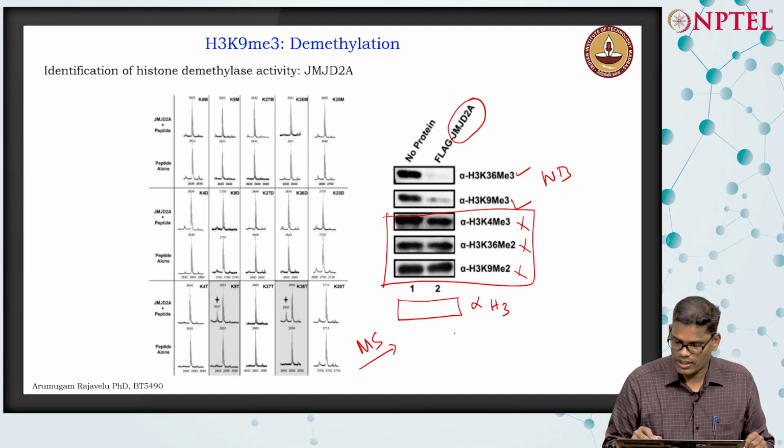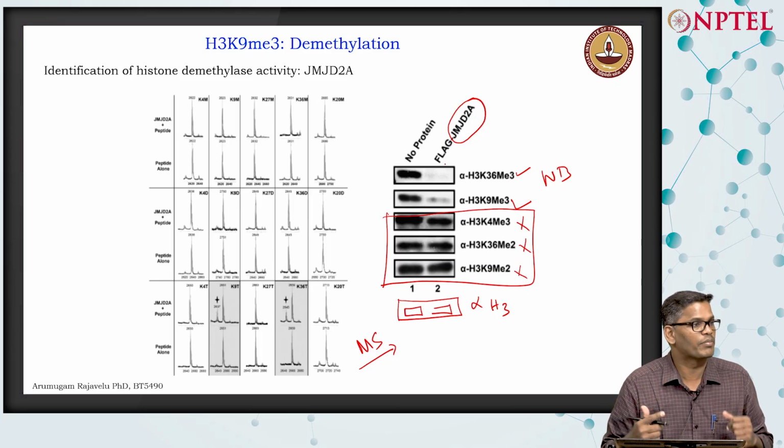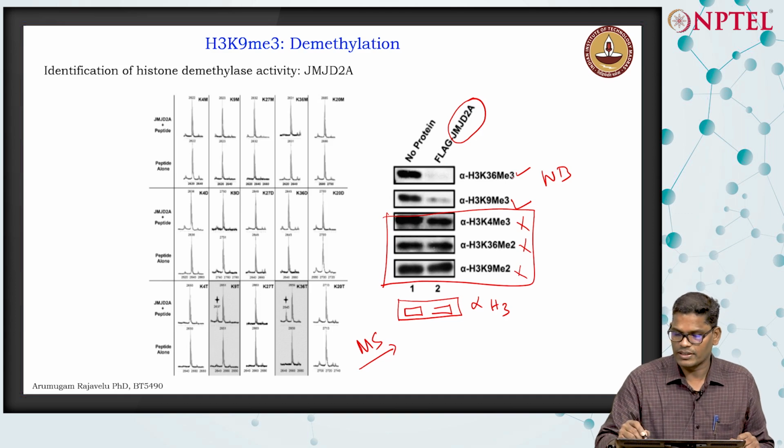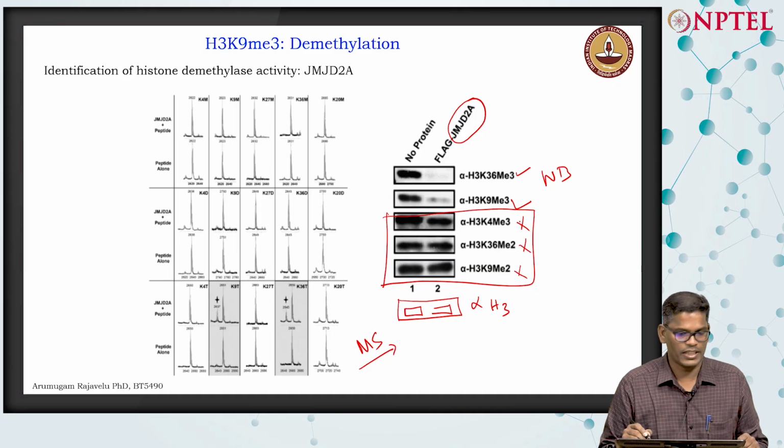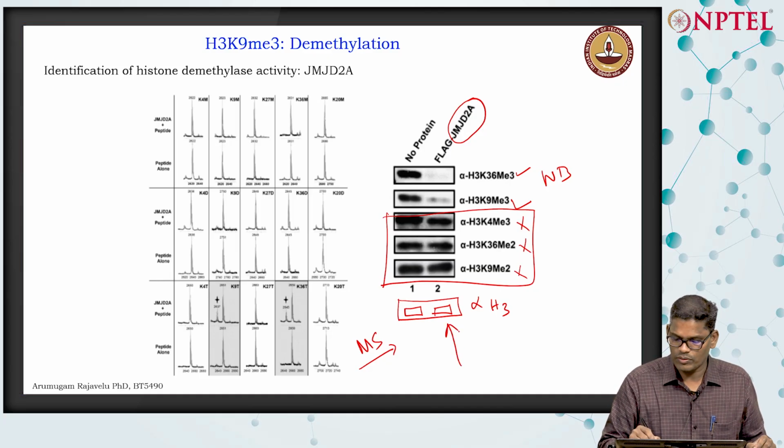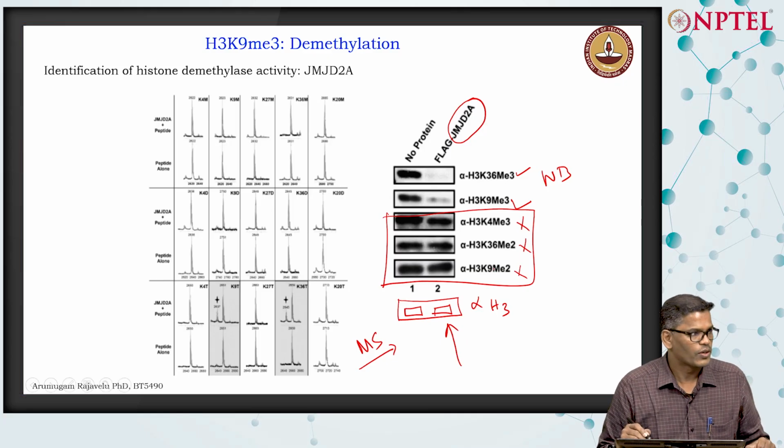So you should load another control, histone 3, where I have equal histone proteins in both cases, but only modification changes happen, right? So I see the decreased K9 and K36 trimethylation mark, but my histone levels are similar. This is how you make logical conclusions, because the antibody can cross-react a little bit as well.